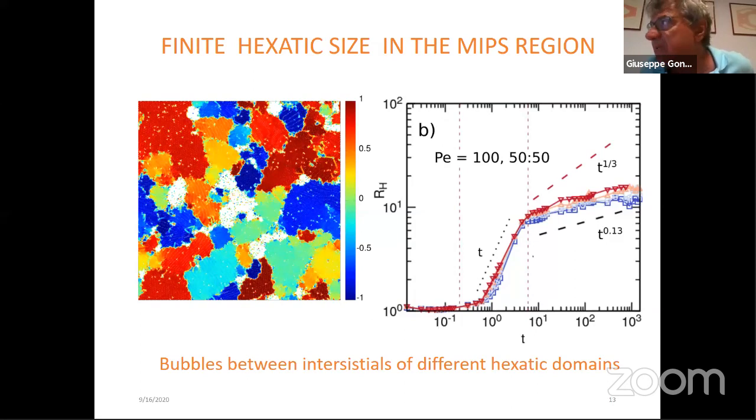So what we found in this MIPS is that you have another, let's say, intermediate length representing the size of the exotic domains. And this feature, for example, can explain the presence of small bubbles observed by other groups in these self-propelled particles that you cannot understand too much without considering the presence of the exotic order parameters.